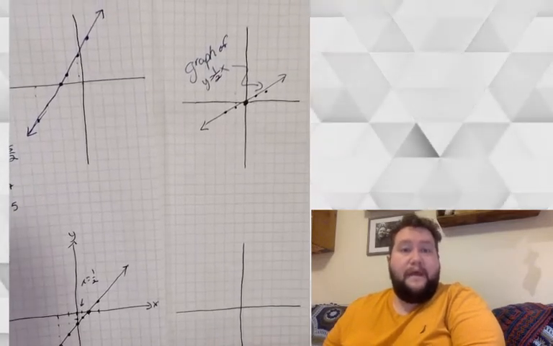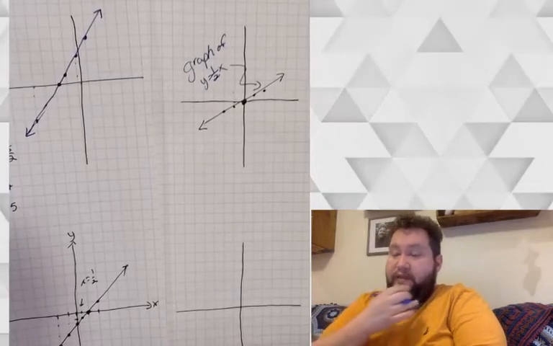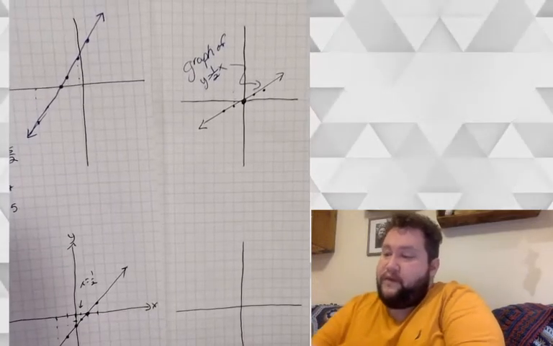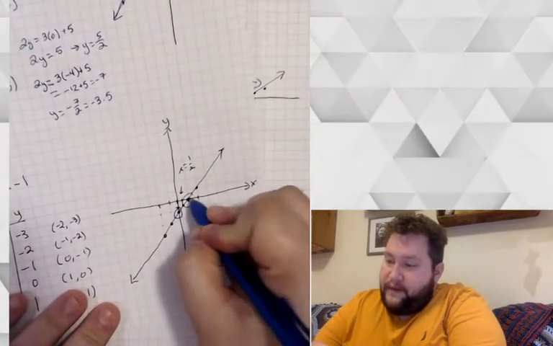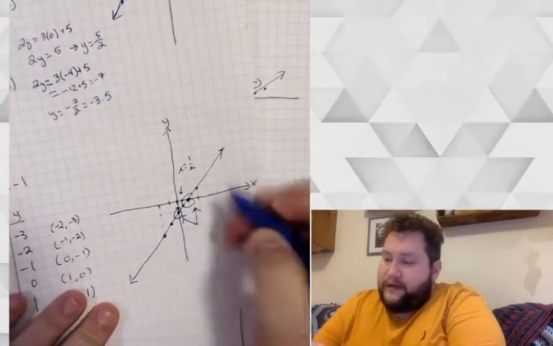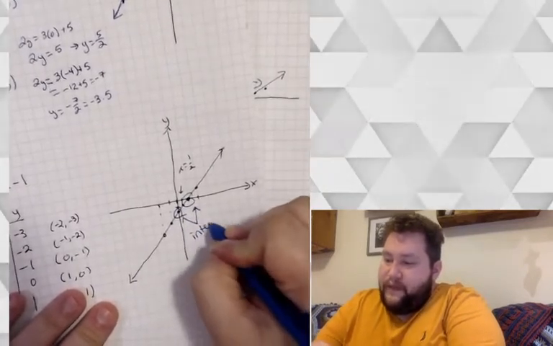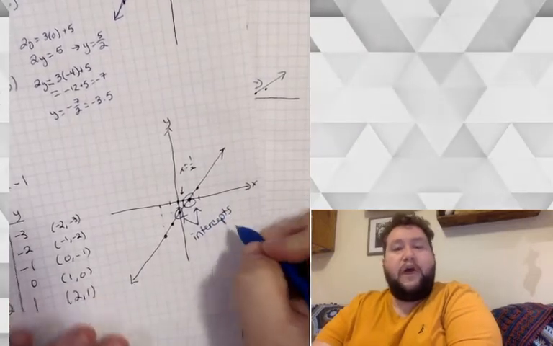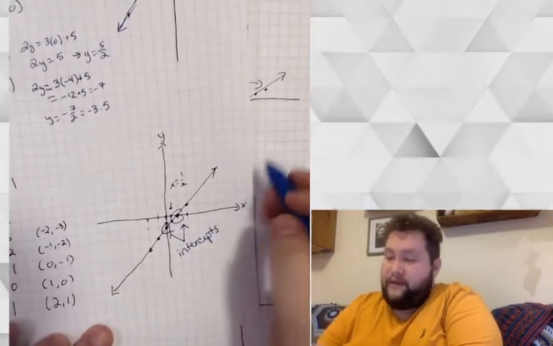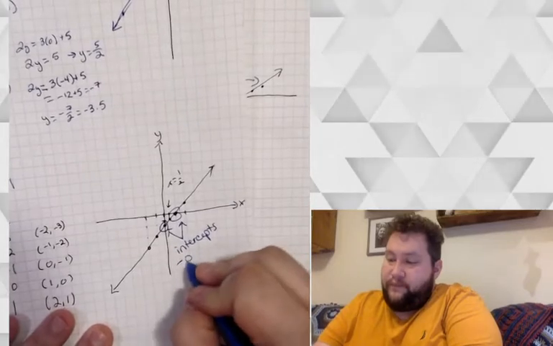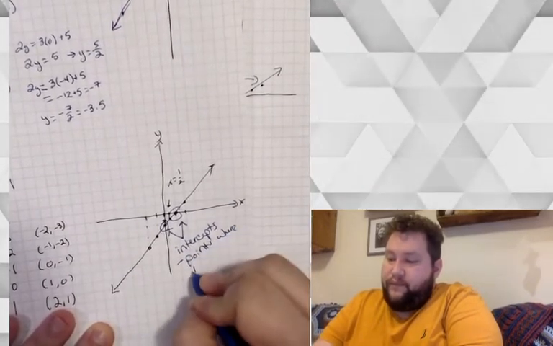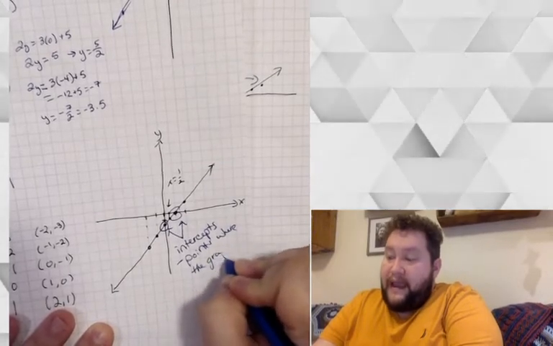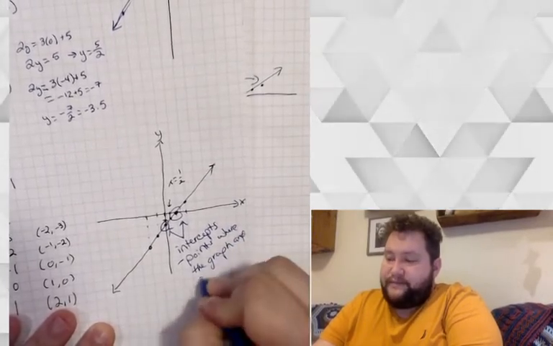But I do want to give you a special name. So these points, like these 2 here, are called intercepts. Intercepts are points where the graph and the axes intersect.